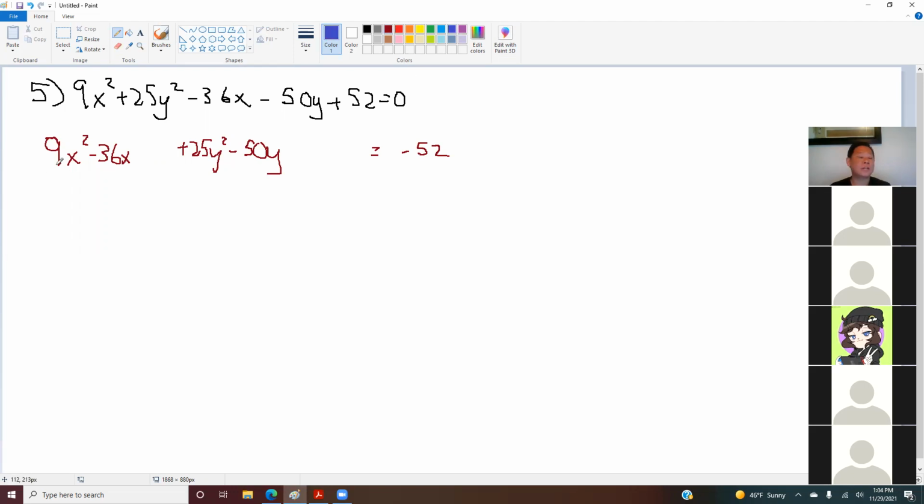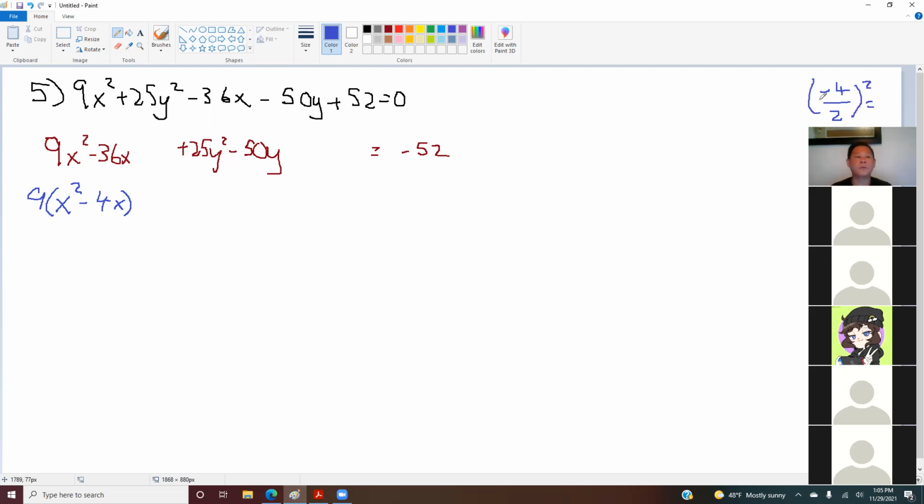Next, factor the 9 out. So I will get x squared minus 4x. And then I take the middle term, negative 4, divided by 2, and you square it.